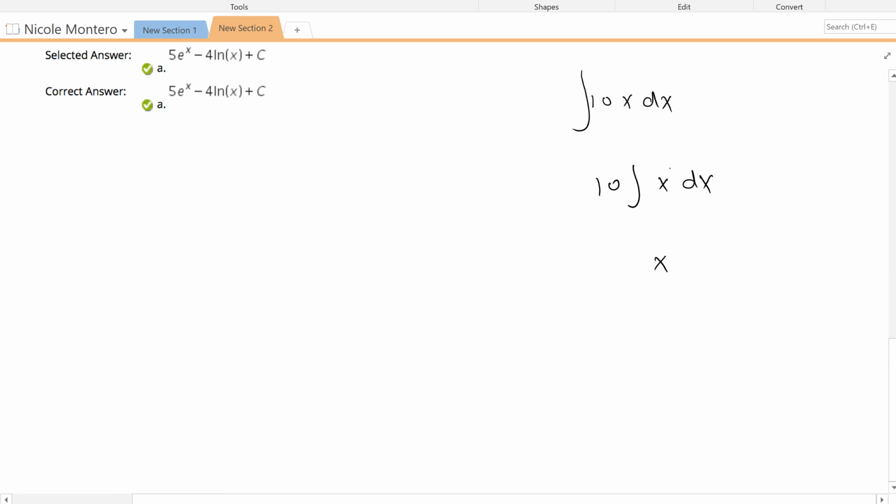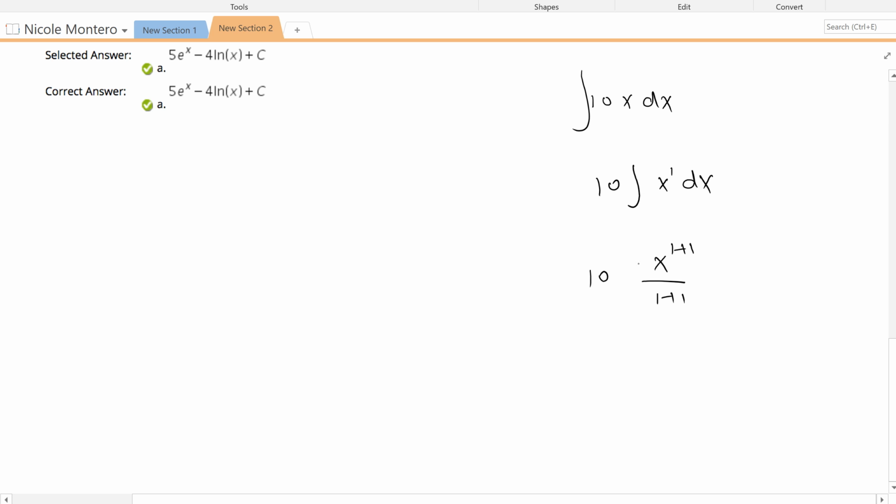So the power right now is 1. You do 1 plus 1. And instead of writing at the front, you divide it. In the power rule, we multiply in the derivatives, but in antiderivatives, you write at the bottom. So we do 1 plus 1 at the bottom.